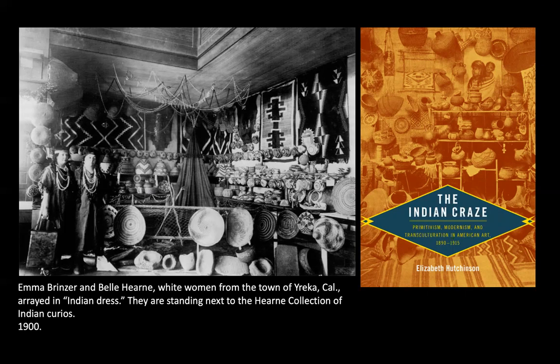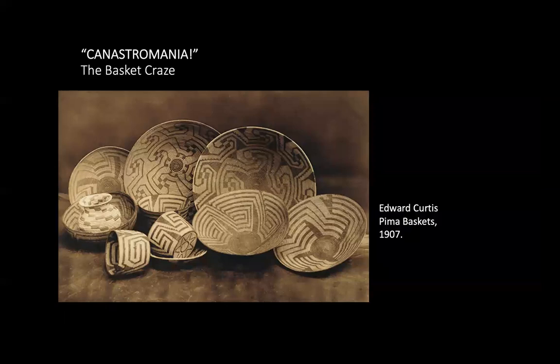Collectors valued native baskets in particular. Some of Louisa Kaiser's baskets, also known as Dat So La Li, sold for tens of thousands of dollars each. In fact, Otis Mason of the Smithsonian in 1904 famously described this frenzy for native baskets, a disease-like craze. Canastromania, basket fever.